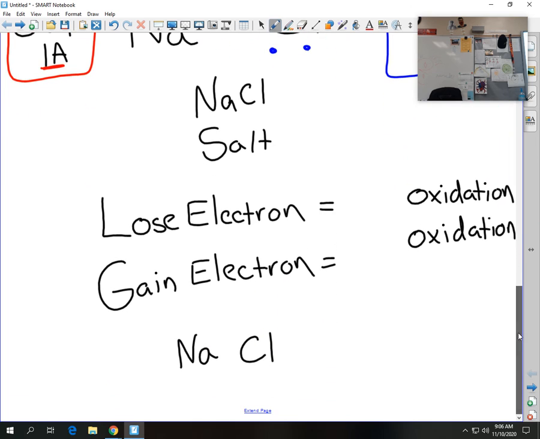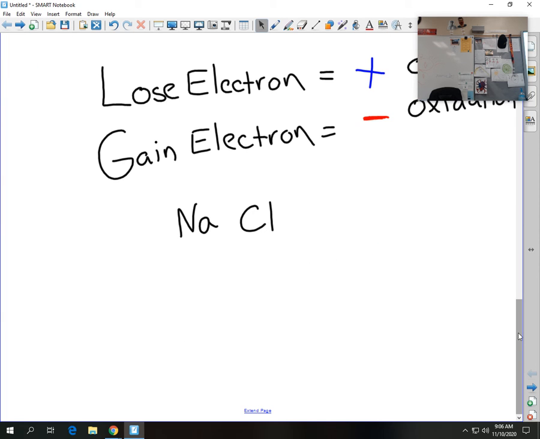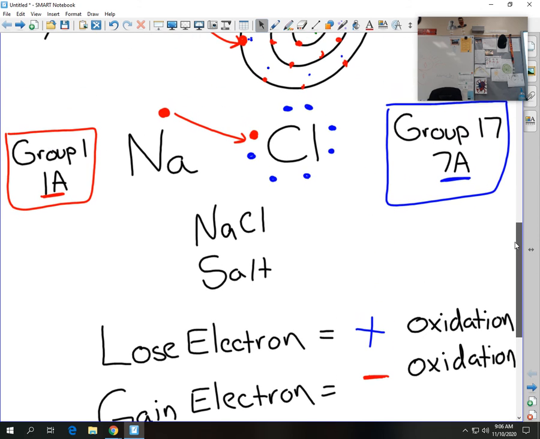Last thing on your notes is something called an oxidation number. Whenever something loses an electron, it now has more protons than electrons, which makes it a positive oxidation number. If something gains an electron, it now has more electrons than protons, which gives it a negative oxidation number. So in the case of sodium and chlorine, if we look back at our example, sodium got rid of an electron.